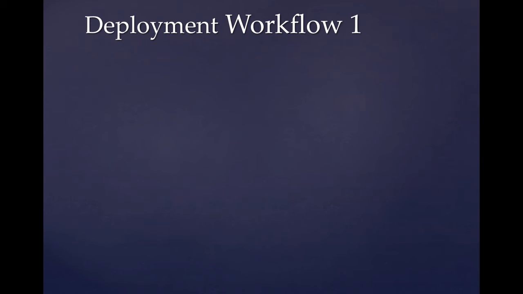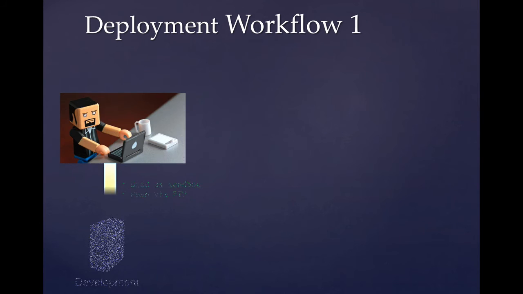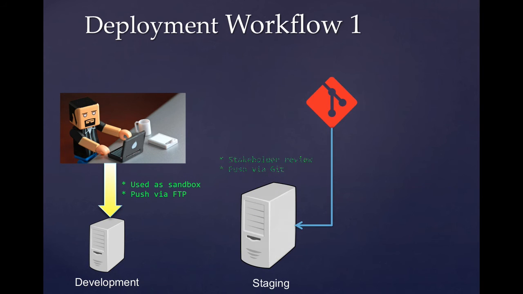So let's bring this all together in a simple example. A developer wants to start working on a new feature or an issue on the development server, right? Once the developer feels that they have a good solution, they will have to push it to the QA server, but they're going to be using Git for that, right?